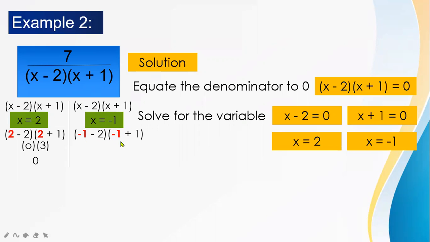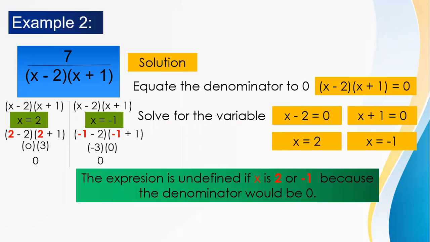Negative 1 plus negative 2, the answer is negative 3. Then negative 1 plus 1, the answer is 0. If you multiply negative 3 times 0, the answer will be 0. And therefore, the expression is undefined if x is 2 or negative 1, because the denominator will be 0.